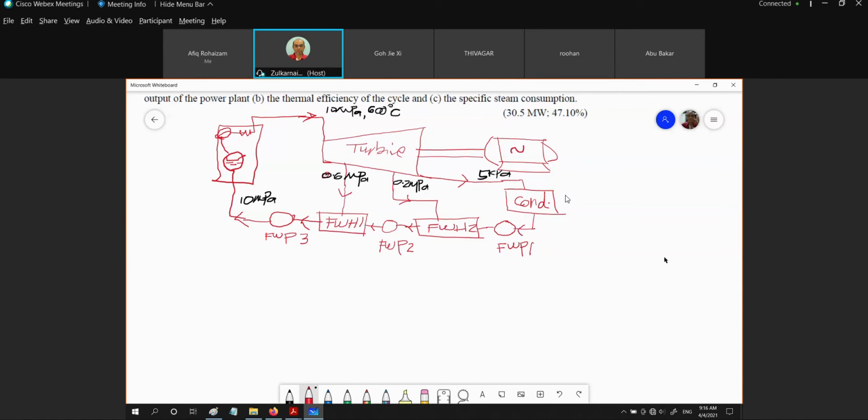So you see, a feed water heater must work in between feed water pumps.